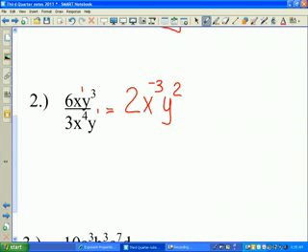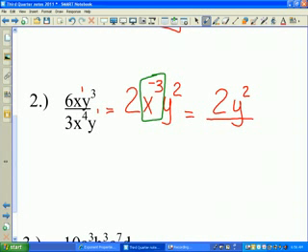Is this my answer? No, it's not. Because I have a negative exponent right here with just the x's. So that means that x to the 3rd power now has to drop down in my denominator. So as a result, we will keep the 2 and we will keep the y squared in my numerator.